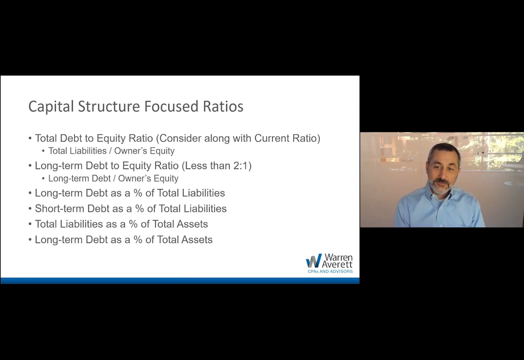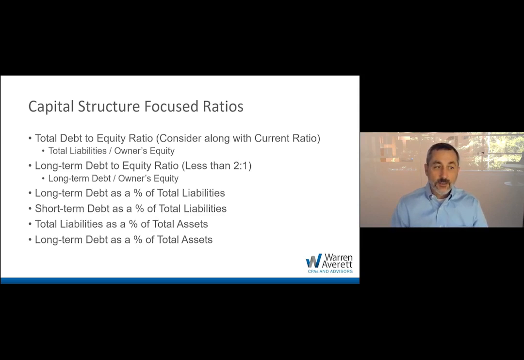is an interesting one to me, and one I like to look at, because you look at the assets of the company, and this ratio tells us what percentage of the dollars used to acquire the assets of the company came from third-party long-term borrowings.